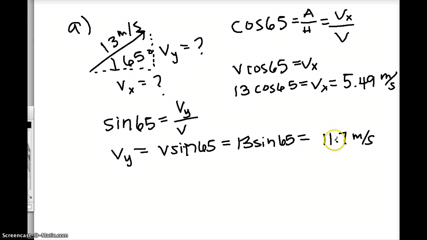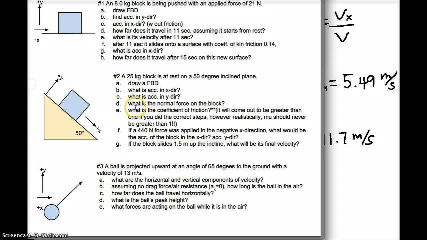Vy I got 11.7, and Vx across from this 25-degree angle I got 5.49. Okay, so that kind of makes sense. This angle is like half of this angle, so I can imagine that the side length is going to be about half of the side length for the one across from 65 degrees. So that's enough for me to be okay with moving on with these numbers.